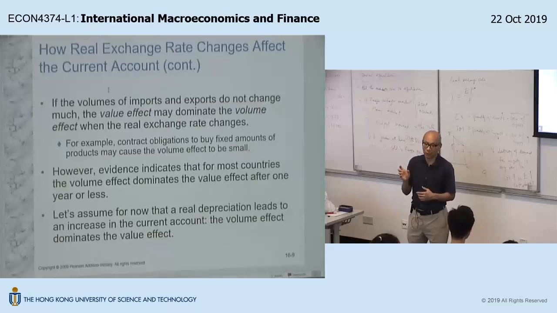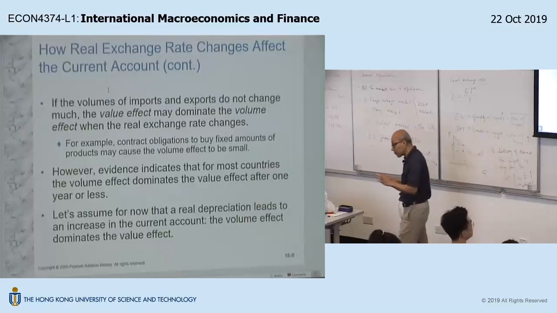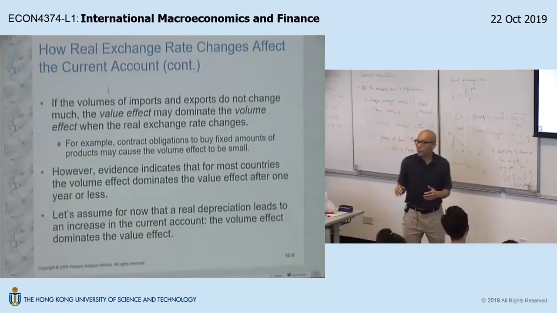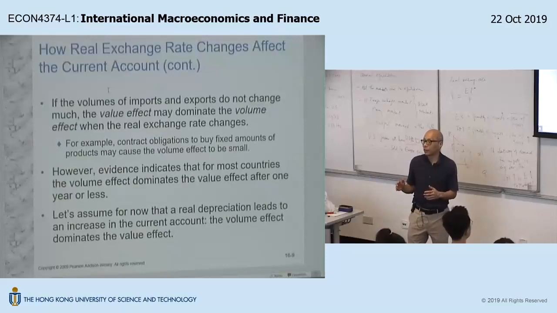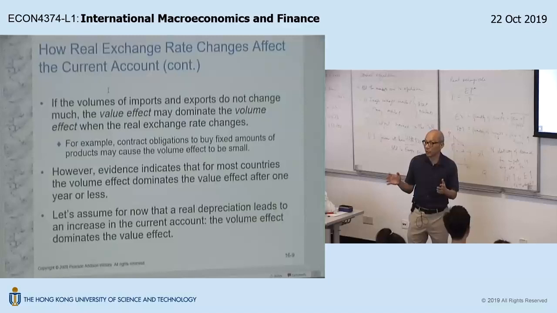So short-run price elasticity of demand is usually quite low. But in the longer run, your price elasticity of demand usually is larger. Therefore, in the long run, the Marshall-Lerner condition will tend to be satisfied.